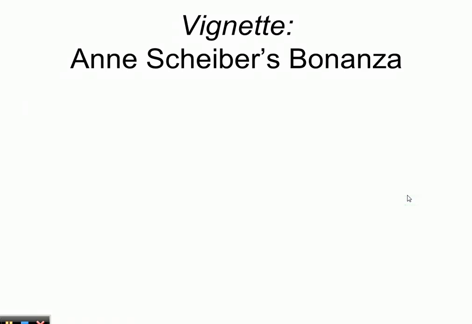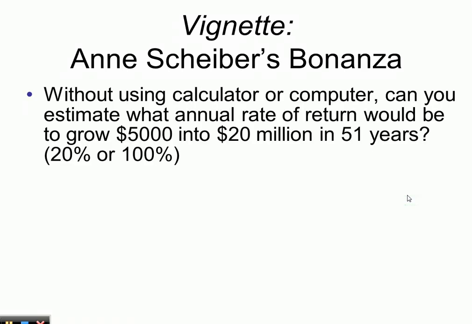And so to make the long story short, what kind of questions can we pose here? Using a calculator or computer, can you estimate what annual rate of return would be to grow $5,000 into $20 million in 51 years?